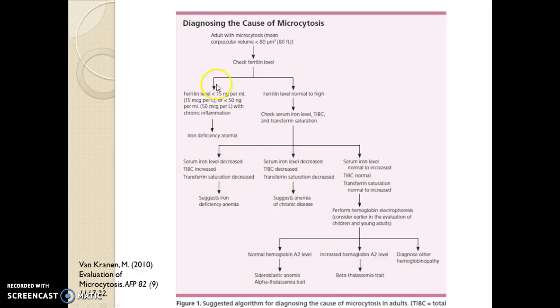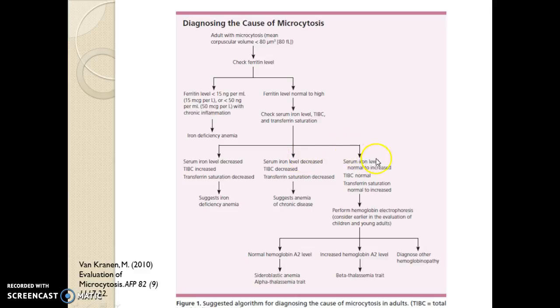So think of all of the things that can inflame the body in terms of chronic diseases, cancers, your various autoimmune diseases, all kinds of things, chronic failure, heart failure, and these people will end up with an anemia of chronic disease. And they're often very confusing and often mixed with iron deficiency anemia, so it gets very confusing.